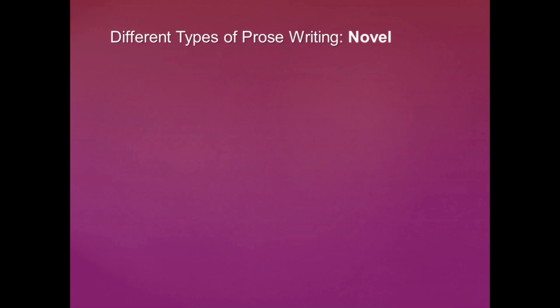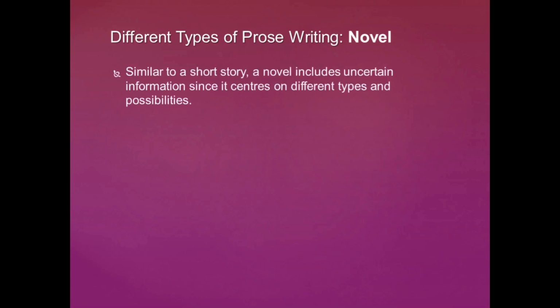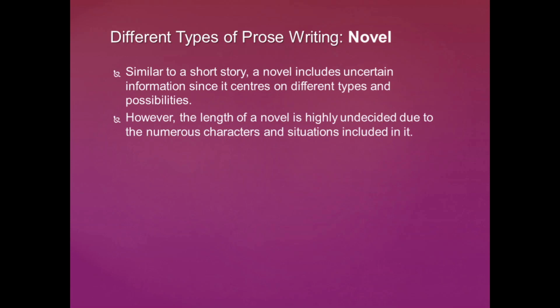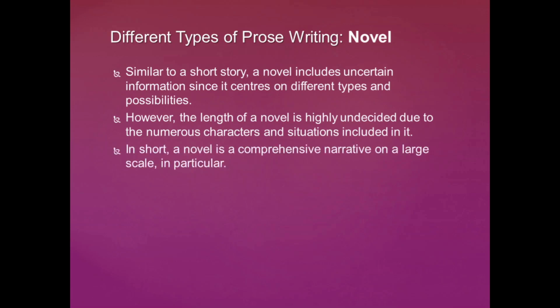Novel is a different type of prose writing. Similar to a short story, a novel includes uncertain information since it centers on different types of possibilities. However, the length of a novel is highly undecided due to the numerous characters and situations that are included in it.